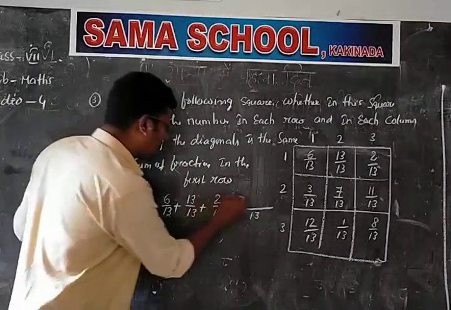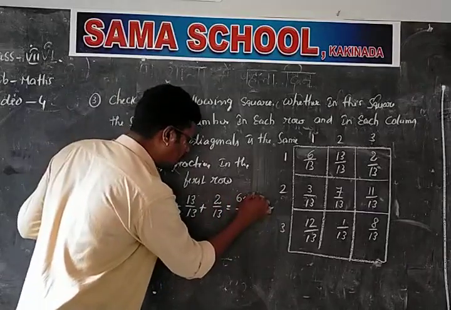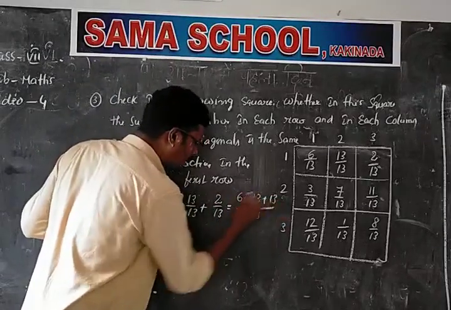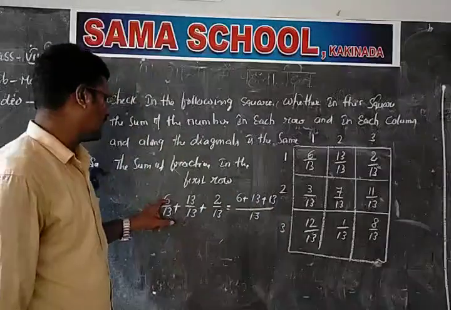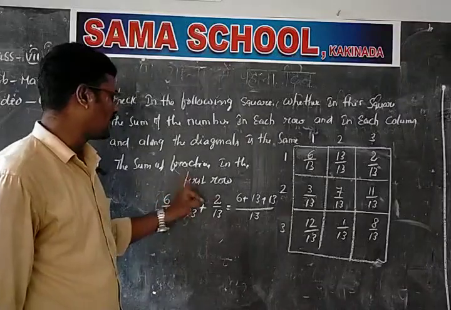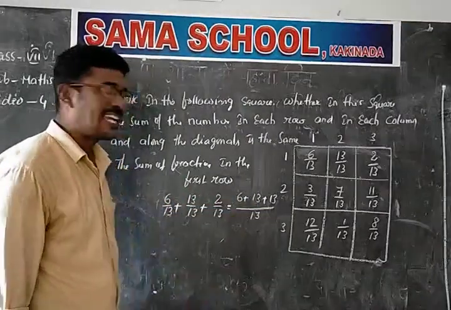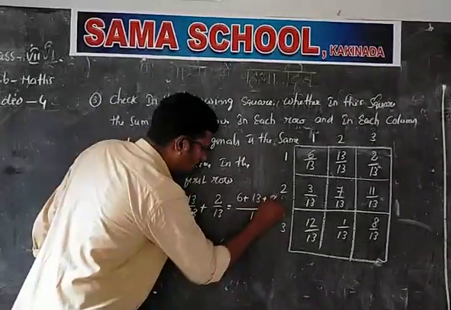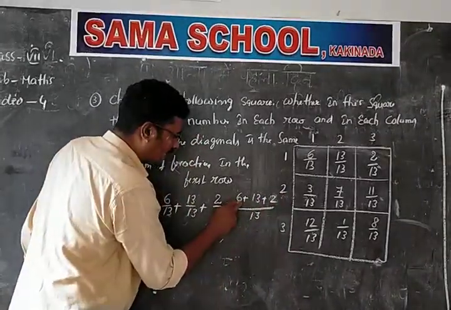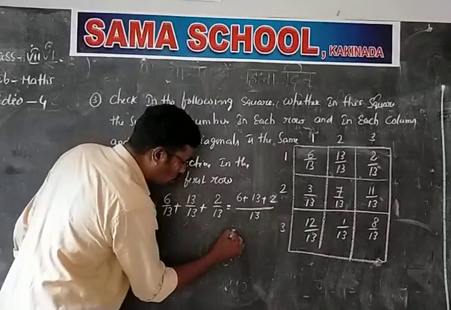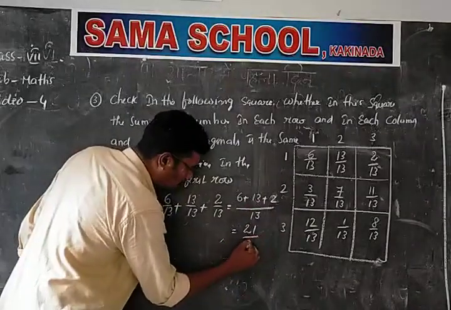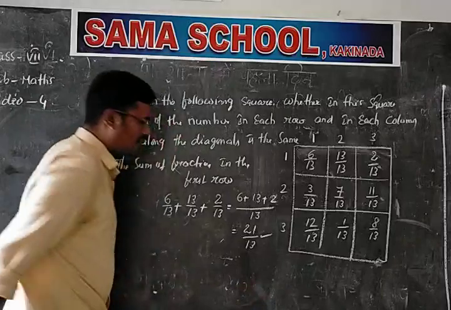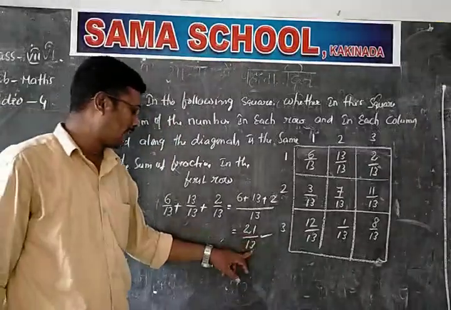Now add the remaining numbers: 6 plus 13 plus 2. 13 plus 6 is 19, 19 plus 2 is 21. We get the result 21 by 13.